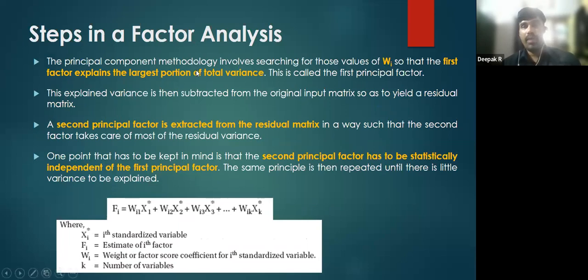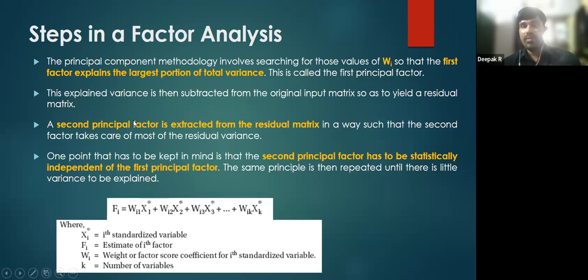So you will be able to notice here that once we have obtained the factors, that means once we have gone for this weighted average method, the principal component methodology that we are following tries to come up with the values of Wi so that the first factor is able to explain the largest portion of the total variance. And once we have considered this, we will be able to consider a residual matrix.